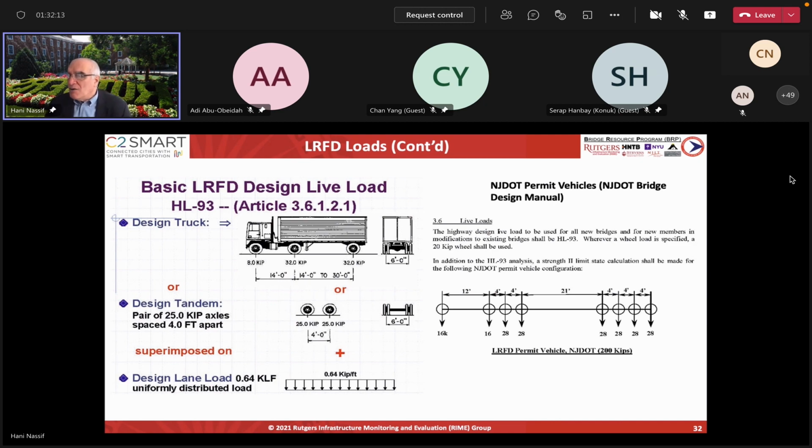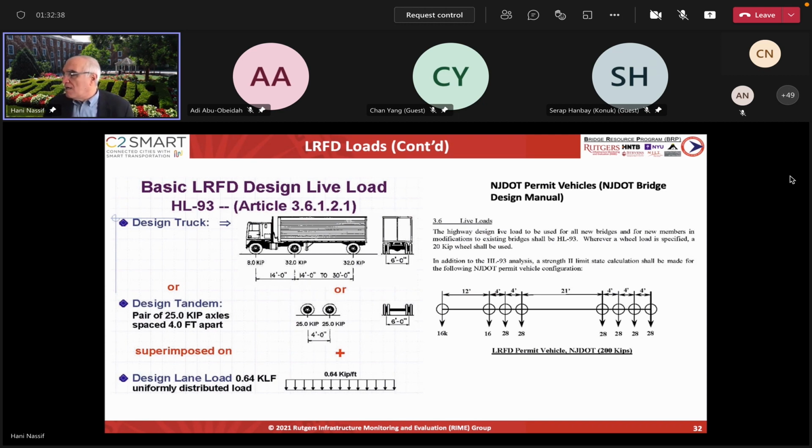I have to say something because I used a lot of WIM data over my career. In the last 25 years, I discovered that the tandem is too light, and we did make a recommendation to increase it, but there was no response, because the axle loads are heavy. In the WIM data, if you observe them, the axle loads are heavy. And this is the permit truck.